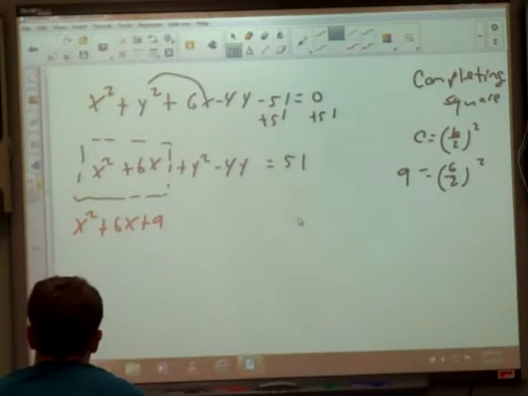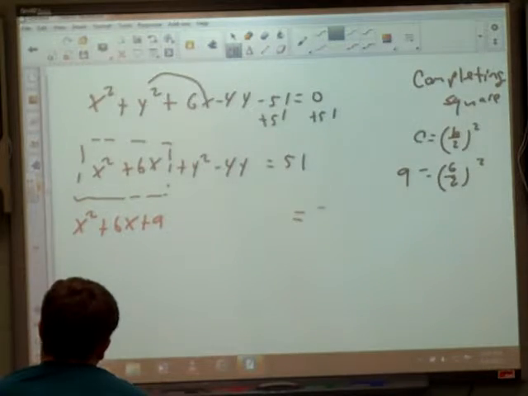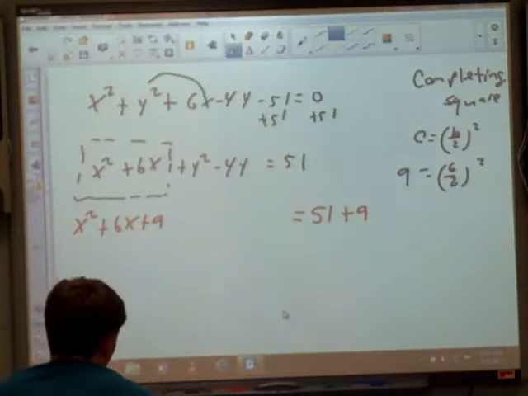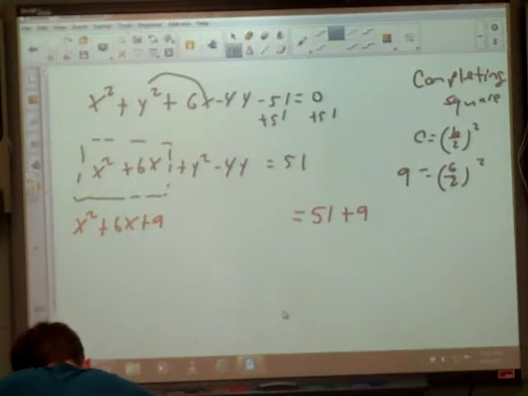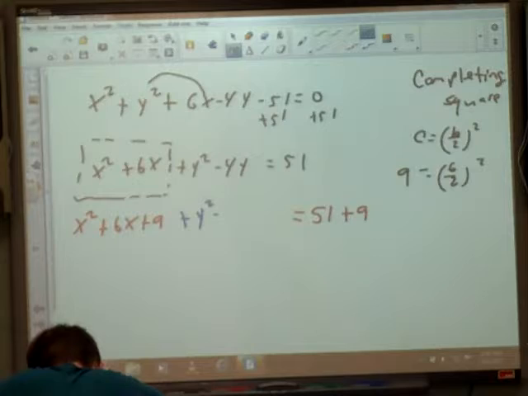Now, if I add 9 there, where do I also have to add it? To the other side, right? You can't just magically put plus 9s in there without some kind of math rules. Now on my y's, I'm going to do the same thing: y squared minus 4y. That b is negative 4.